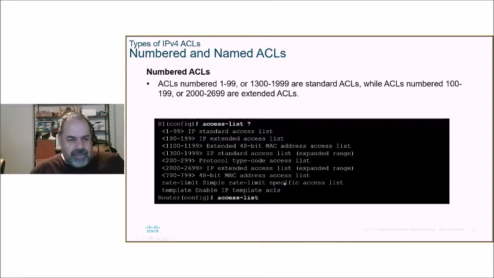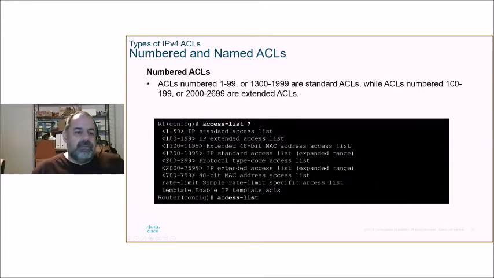There is also another range, 1300 through to 1999. If you put 99 ACLs there, you can actually expand to that. Now, 100 through to 199 are the extended ACLs. And there is an extra list as well, 2000 through to 2699, which is also extended.